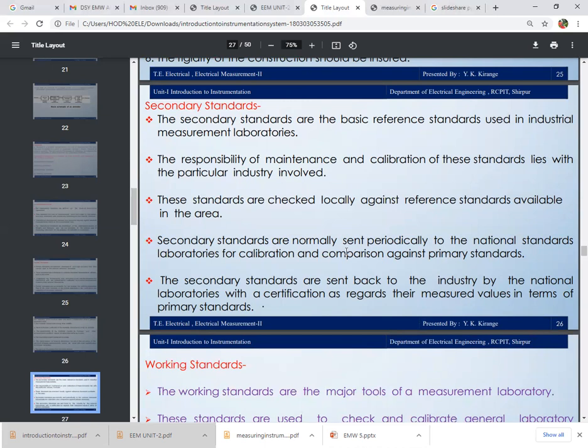These standards are sent back to the industry by the national laboratories with certification.